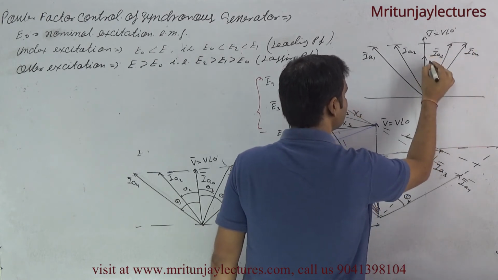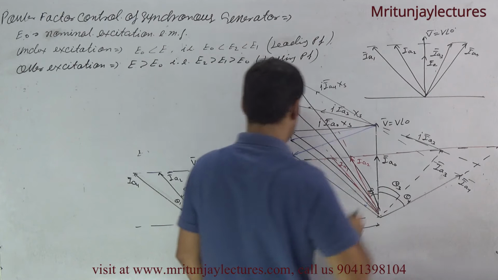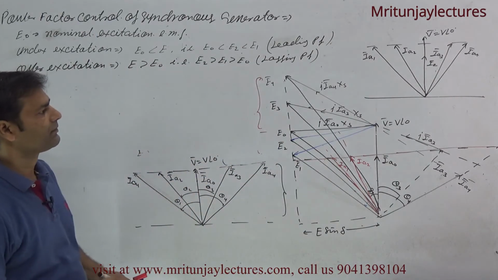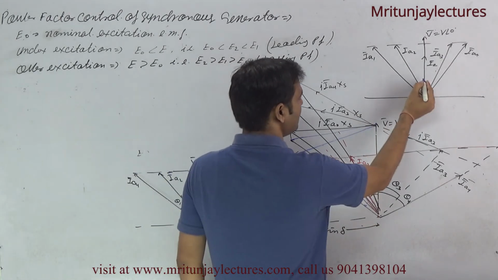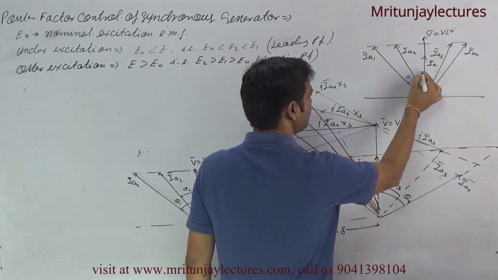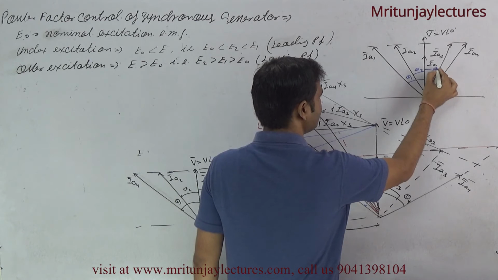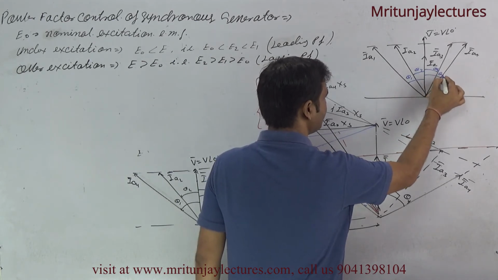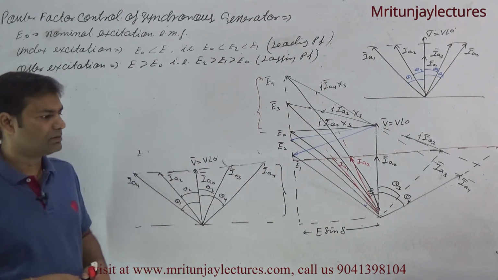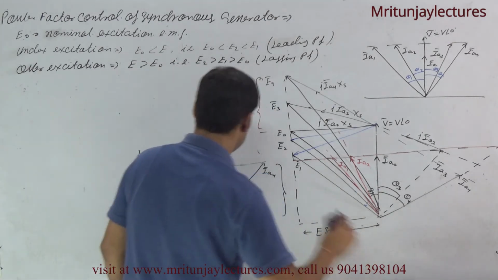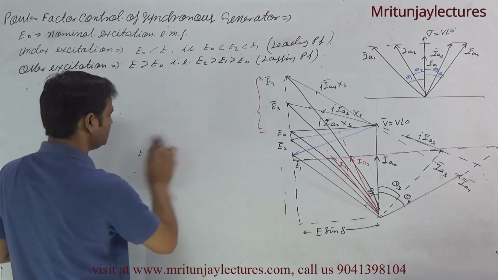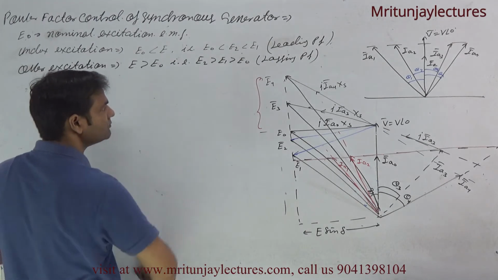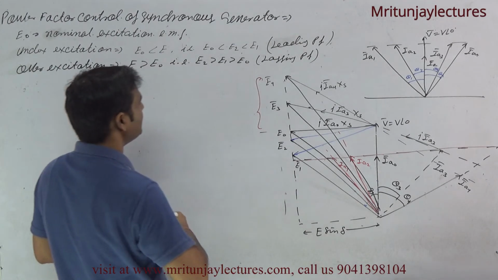Clear? And this one is IA naught. Now corresponding to this one, that is theta 1, theta 2, theta 3, and theta 4. Okay, now it is clear.